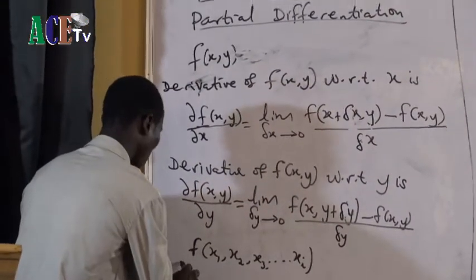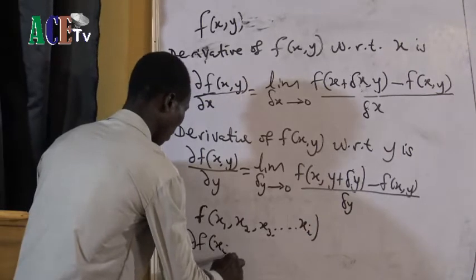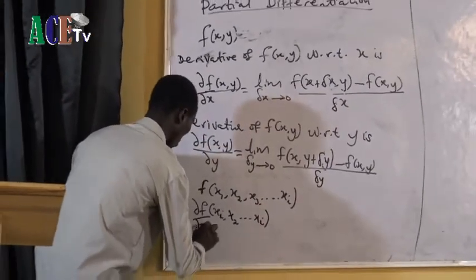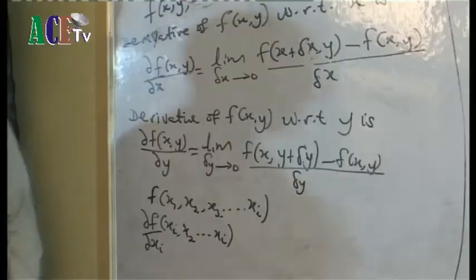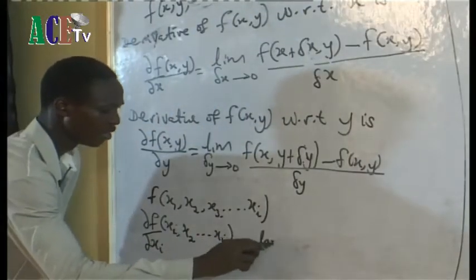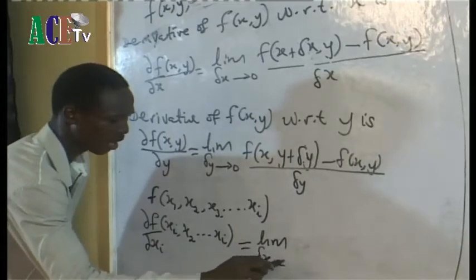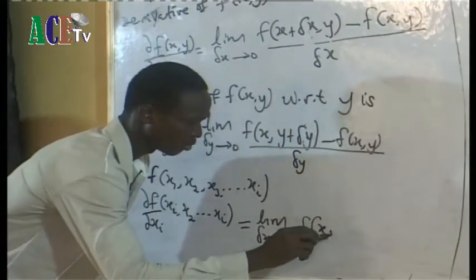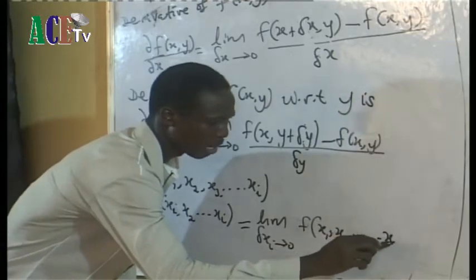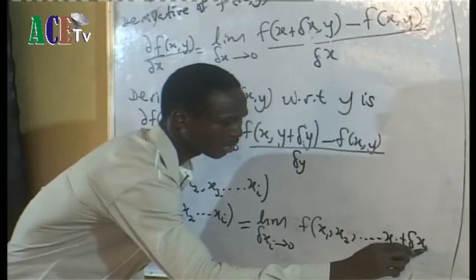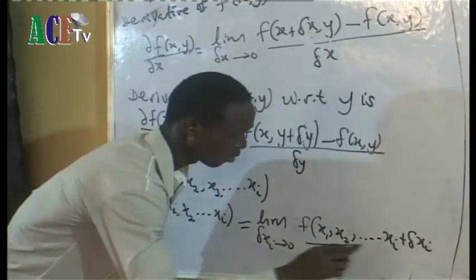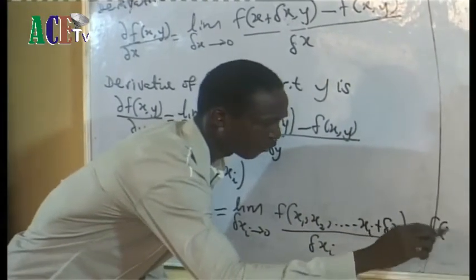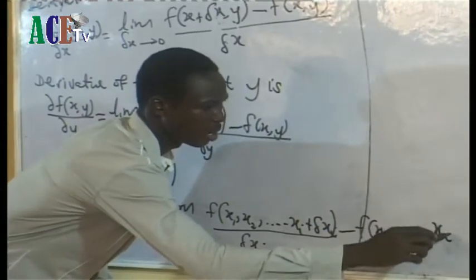Then if I want to differentiate this function f of x1, x2 to xi with respect to xi, it will just give me the limit as delta xi tends to 0 of f of x1, x2 to xi plus delta xi, over delta xi, this one minus f of x1 to xi.